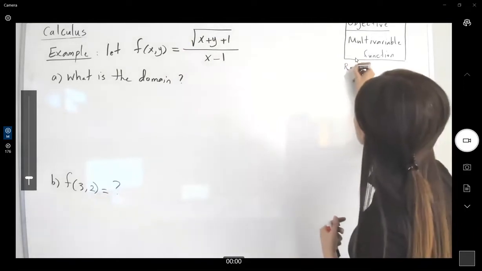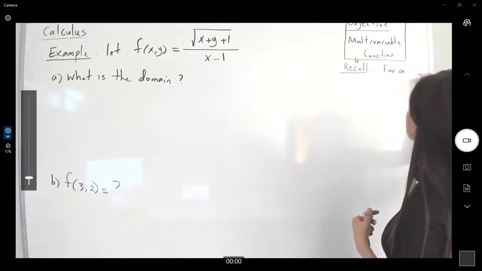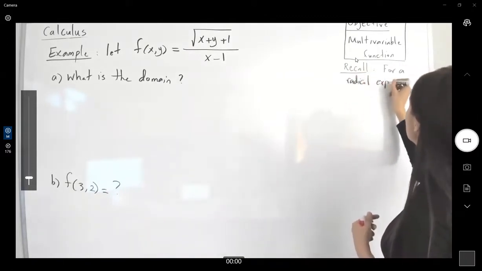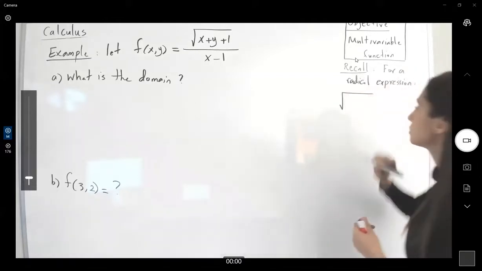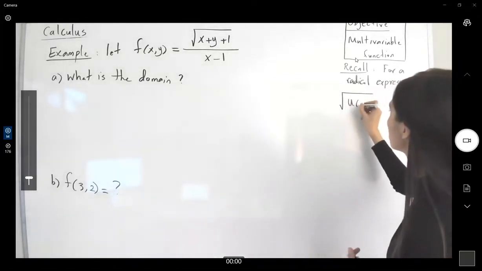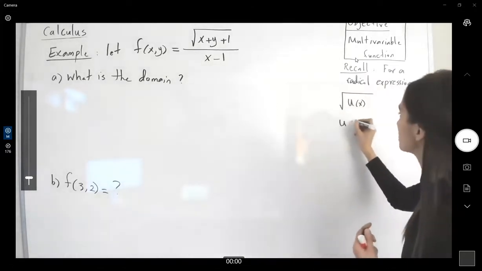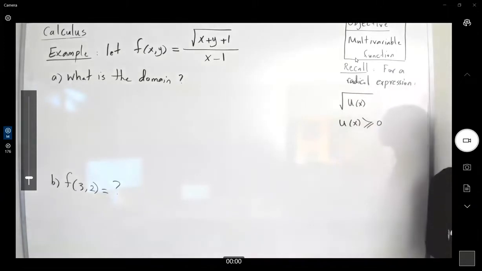Recall that for a radical expression, if we have the square root of a quantity like u of x, to find the domain we have to take this u of x and set it greater than or equal to 0.